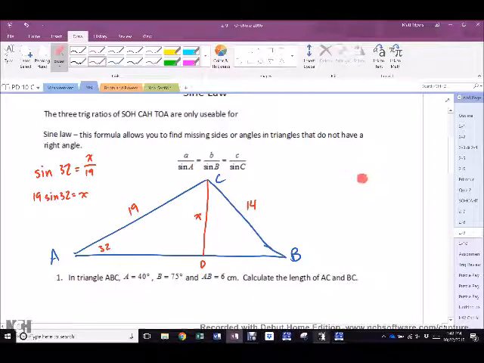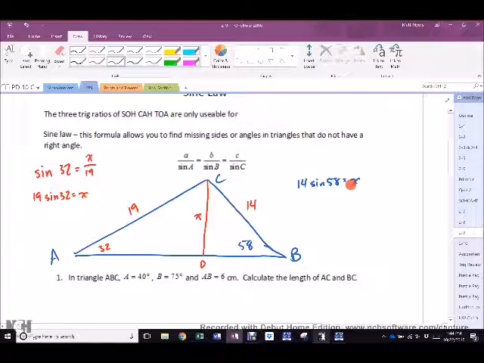Okay, now, wait a moment. You don't have to erase that. I just want a little more space. What if I told you that this side was 58? Now what can you do on the right side? Exactly the same thing, can't you? Doesn't on the right side 14 sine 58 equal x? Doesn't it?